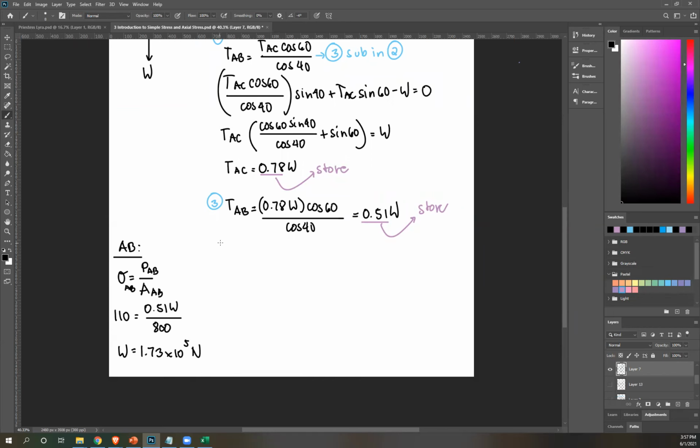Now we have to check as well for stress AC. We'll do the same thing. Stress AC equals PAC over area AC.